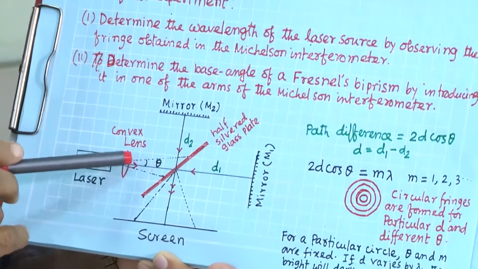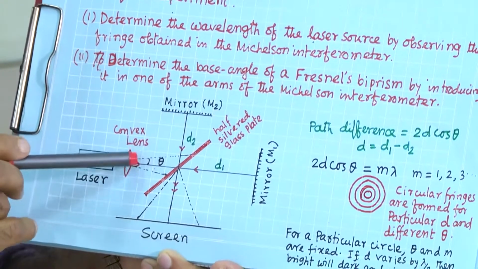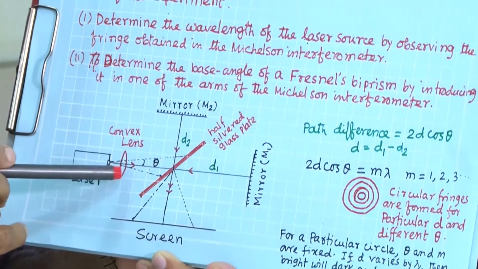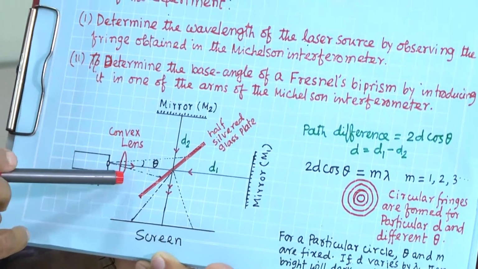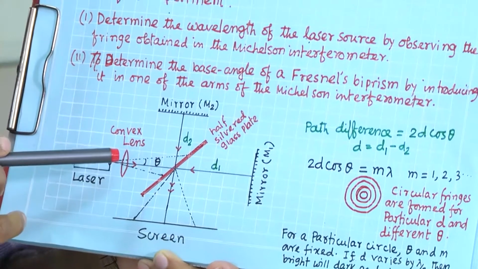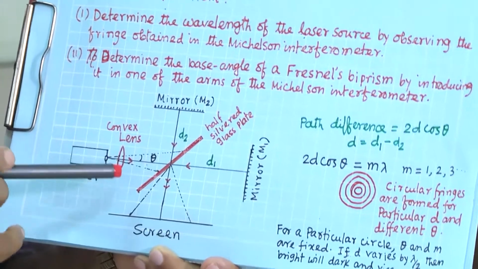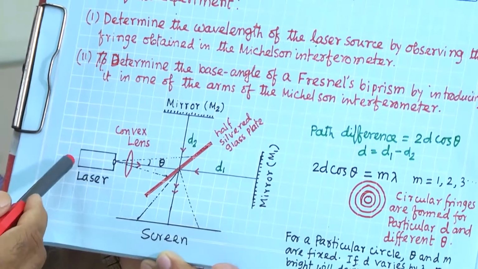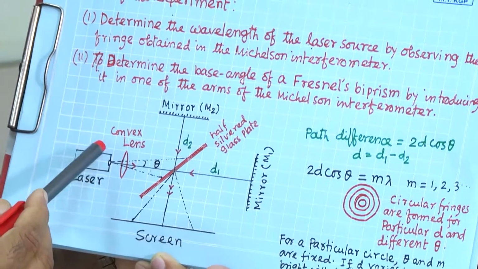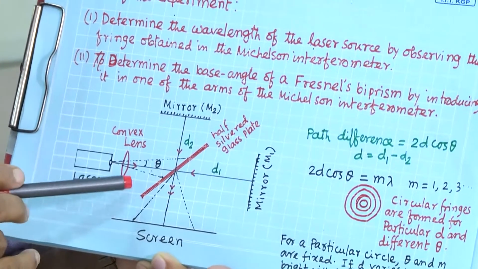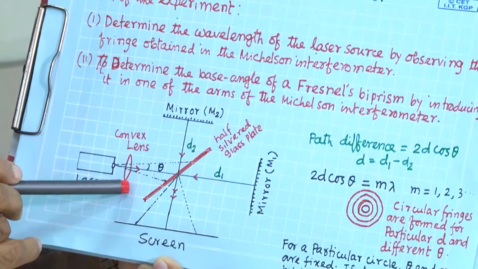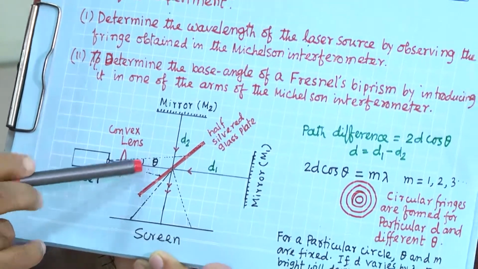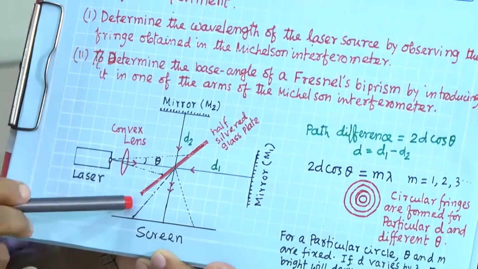That means we are making an extended source using this laser. So, the purpose here is different; generally we use a laser for making parallel rays. Here, from parallel rays we are diverging the light to make the extended source.